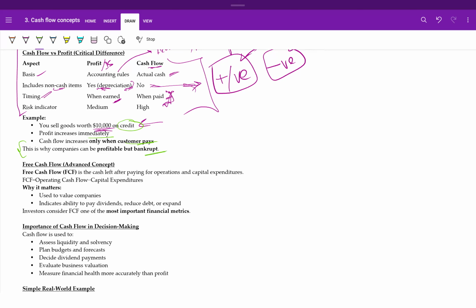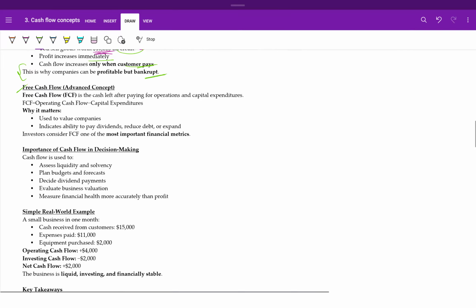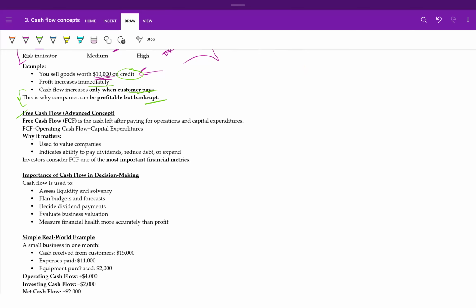Let's talk about free cash flow. Free cash flow is actually an advanced concept that comes after the cash flows. Free cash flow is the cash left after paying for operations and capital expenditure.